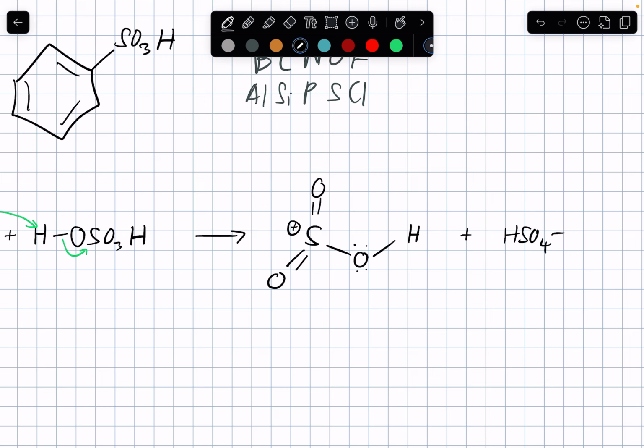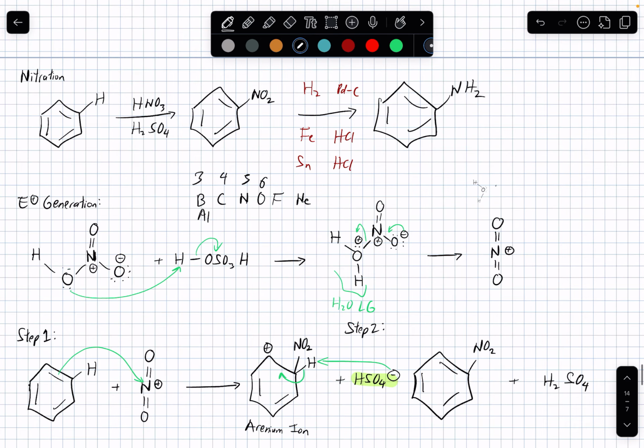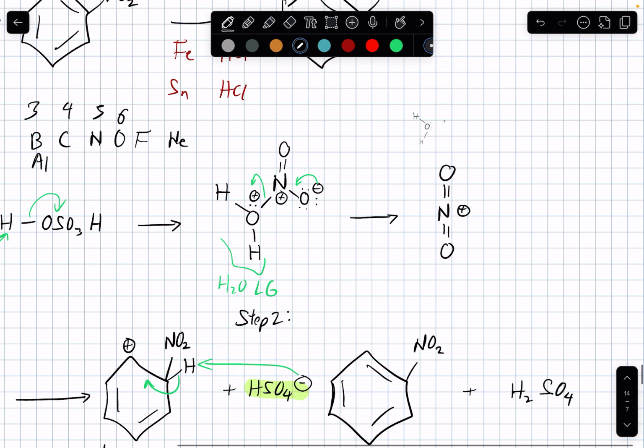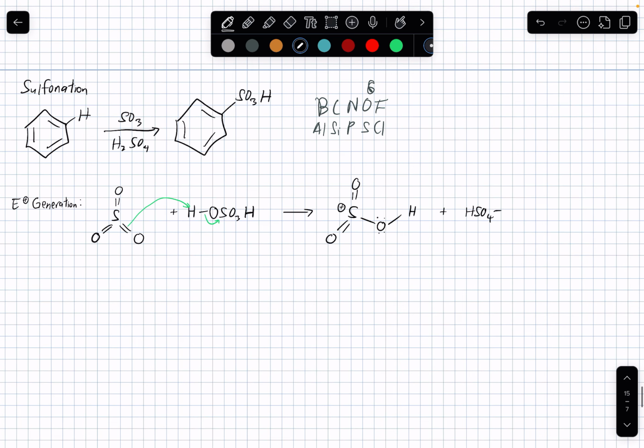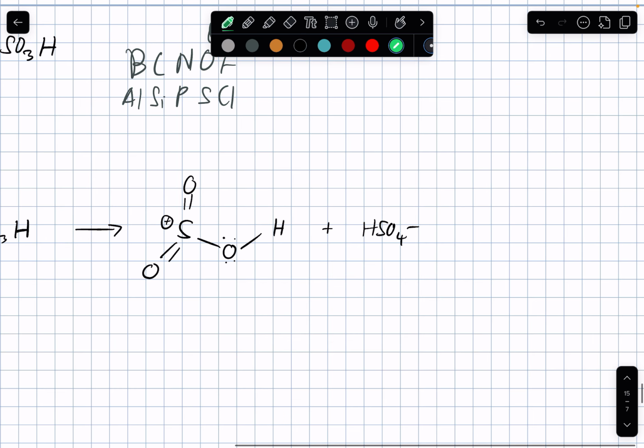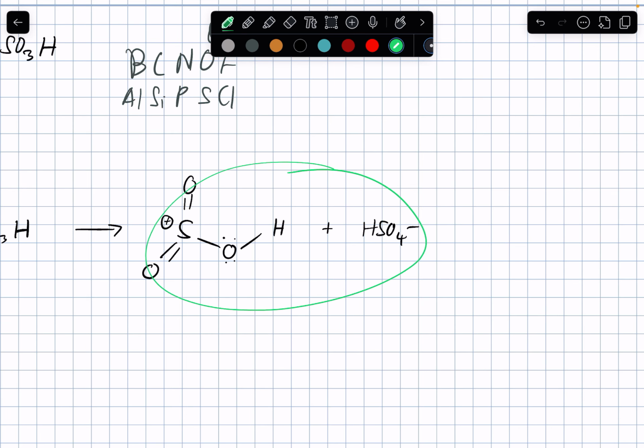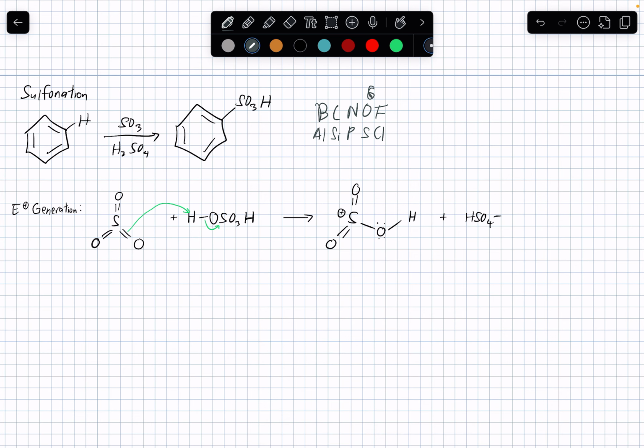That is consistent. How were we able to form water instead of HSO4 minus here? Maybe let's not question that anymore. So anything else? No, we don't. This is already final. This is going to be our base later.